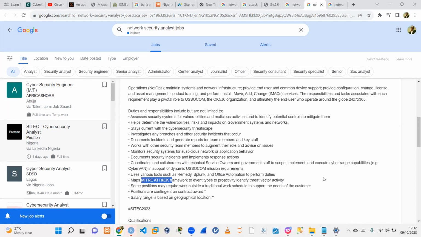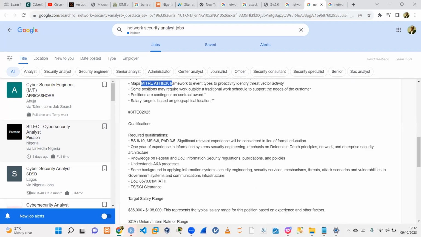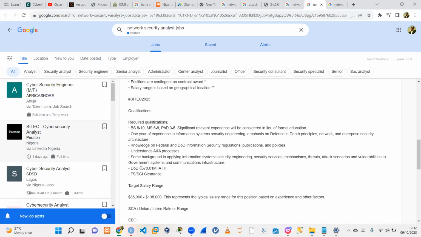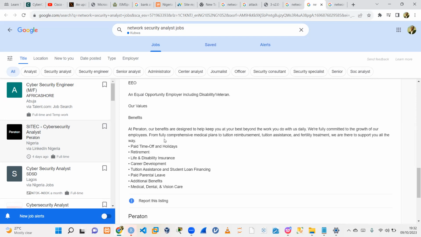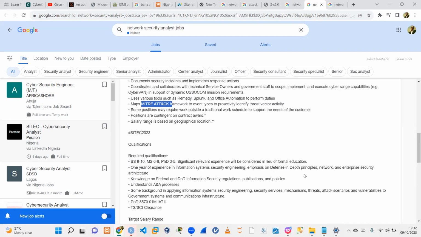Position may require traditional work schedule. BSc 8 to 10 years, PhD 3 to 5 years. So benefits, this spells out some things, but does not include any certification.